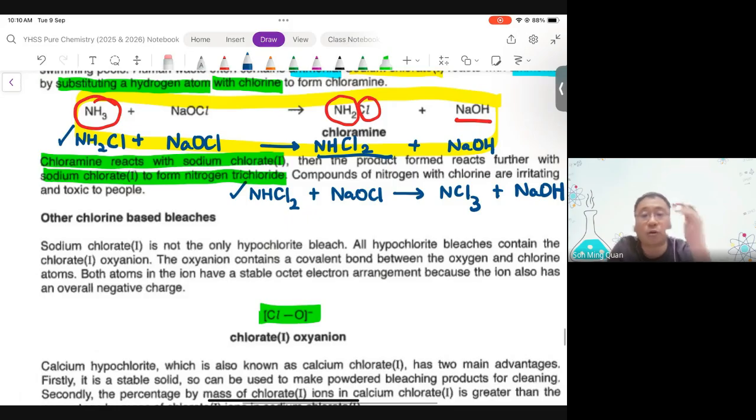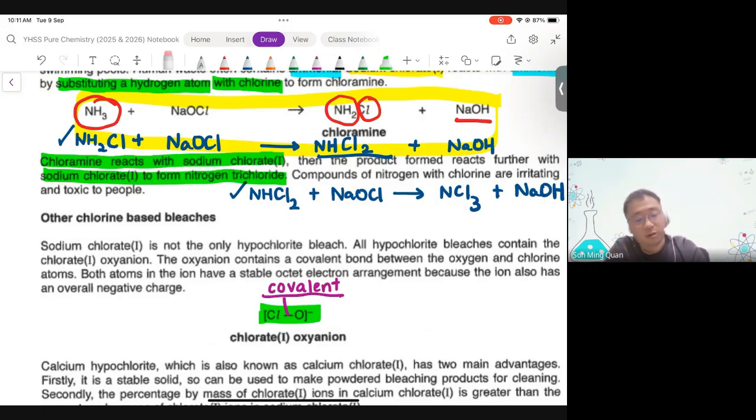So first, is it covalent or is it ionic between the Cl and the O? Is this bond ionic bond or covalent bond? You got to decide. So if you recall, polyatomic ions, inside the ion, it's covalent. That means Cl shares electrons with O.